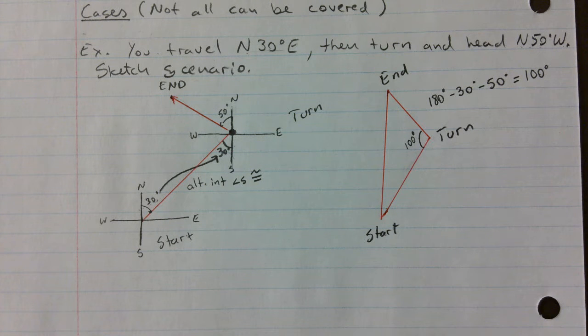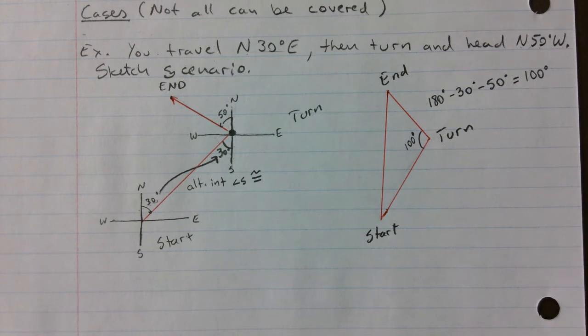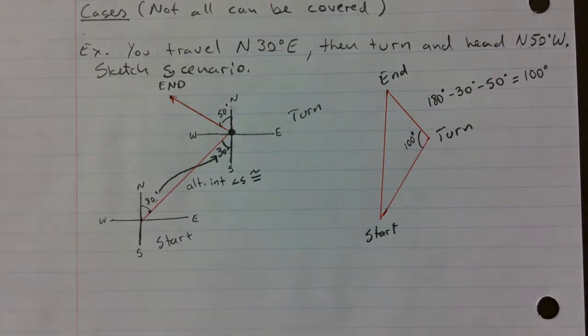The only time that would have been the case is if I said, once you turn, you keep traveling until your starting point is due south of you. Because then you would be guaranteed that the north-south line is part of your triangle. Okay, so it is not part of it.